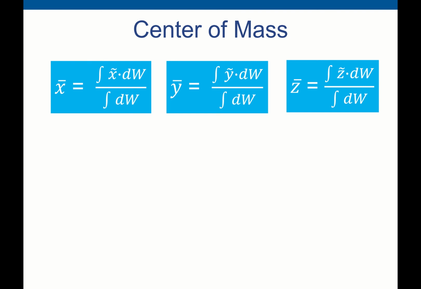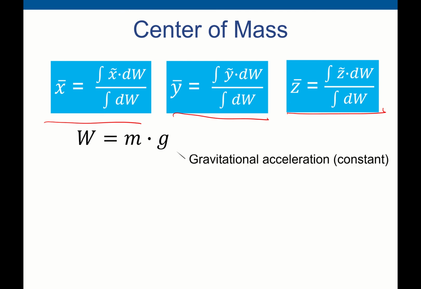I will simply explain how we can get the center of mass. Now we have found the center of gravity, which is in blue: you can see x bar, y bar, and z bar. Center of mass is the same concept. Remember that weight is mass times gravitational acceleration, and gravitational acceleration is always constant.